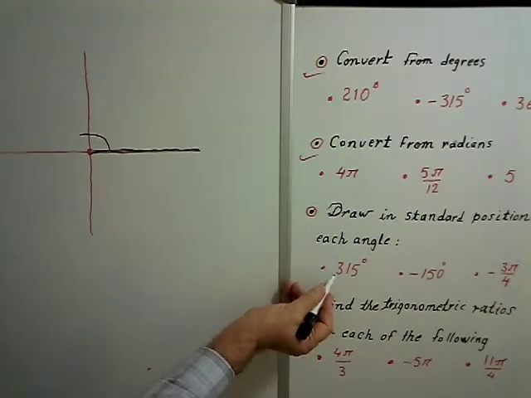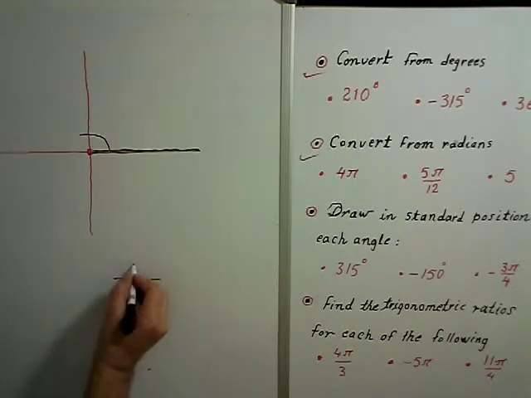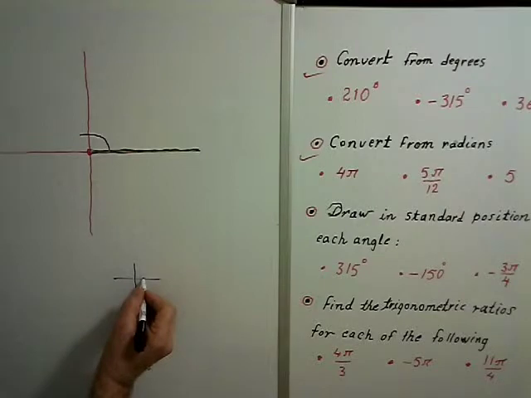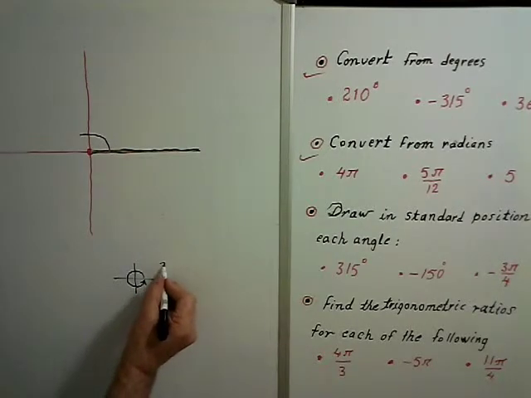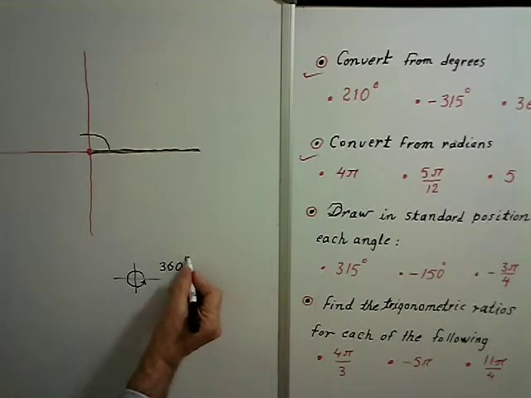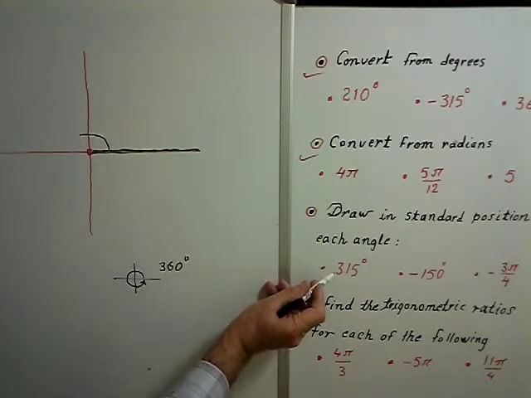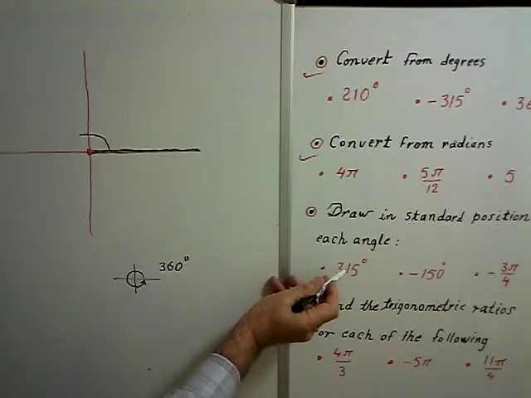You know a complete rotation, a complete revolution, is 360 degrees. So this is not 360, it is less by 45.